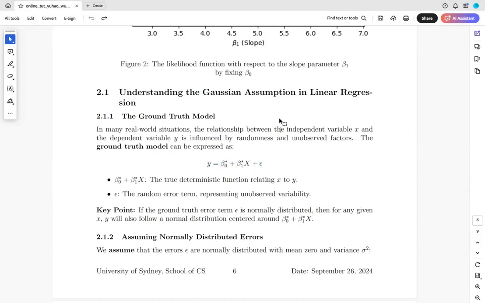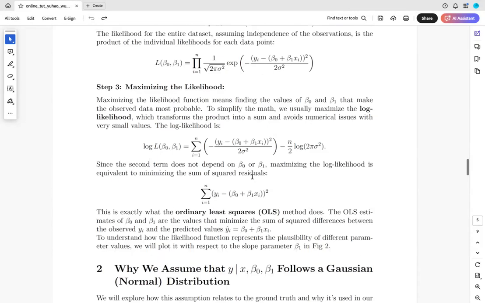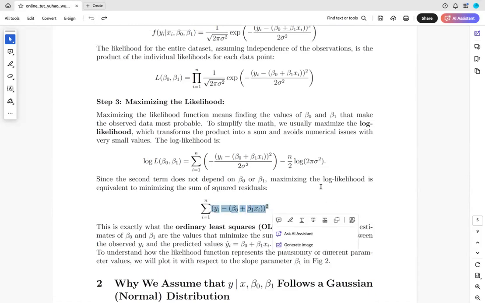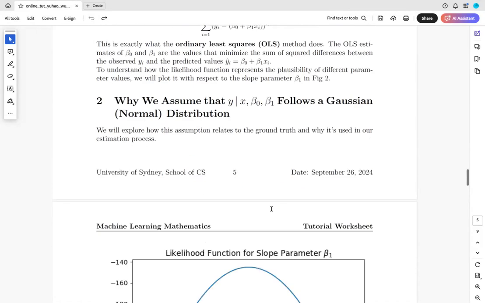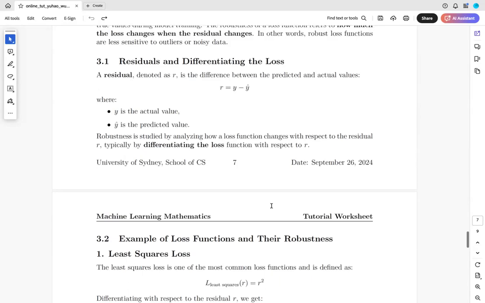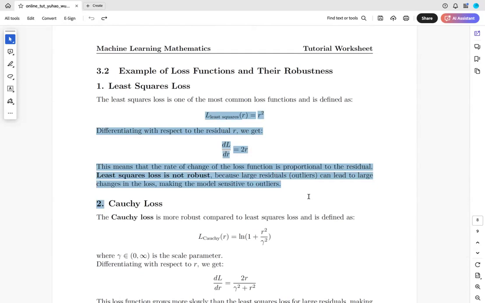Okay, but in the least square loss... yeah, this square loss. Oh, not this one, not this part. Maybe go up. Square loss. Oh no, not this.